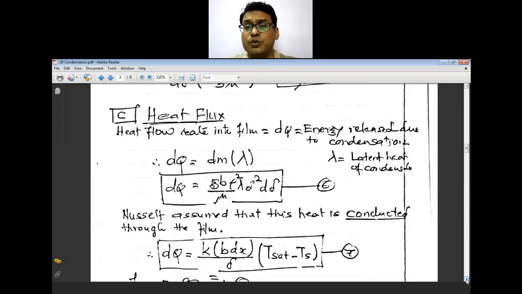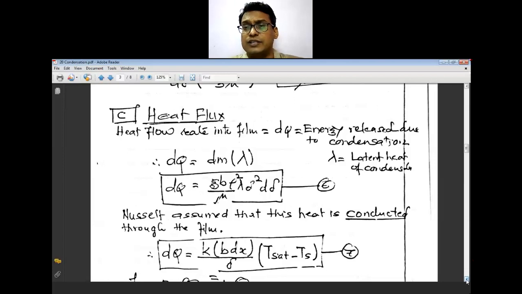When we talk about the heat flow into the film, it is the mass flow rate of that film and the latent heat of condensation, m lambda. So whatever heat is getting transferred, q, is equal to m lambda.